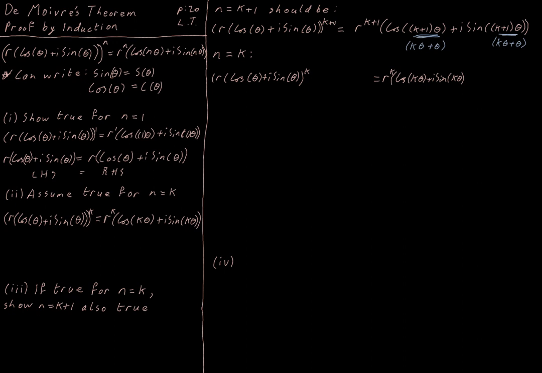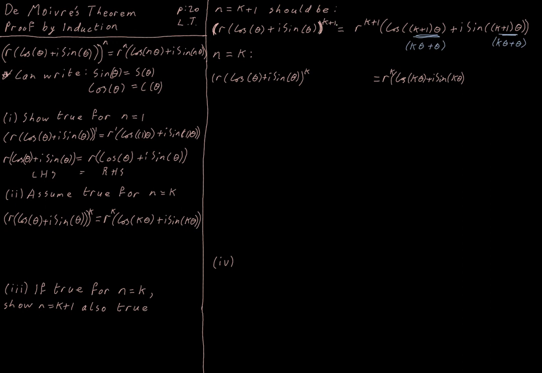Well, if I have this thing in the brackets to the power of k+1, that means I have k of these big brackets multiplied together, times 1 of this bracket multiplied together.